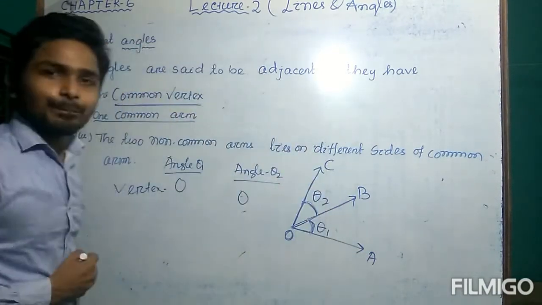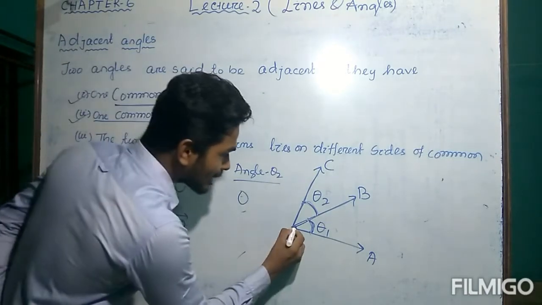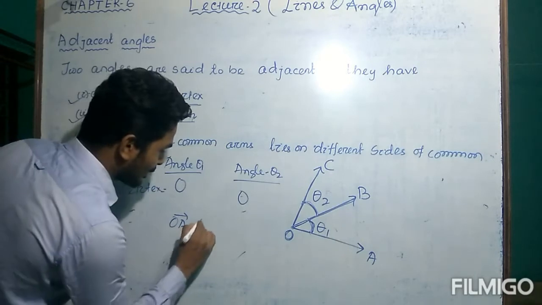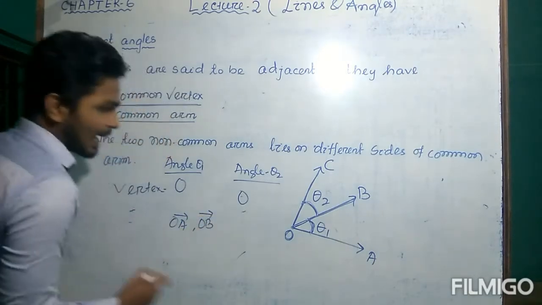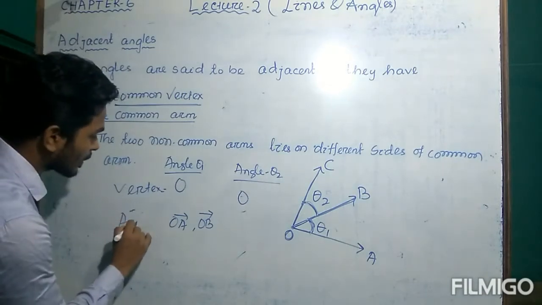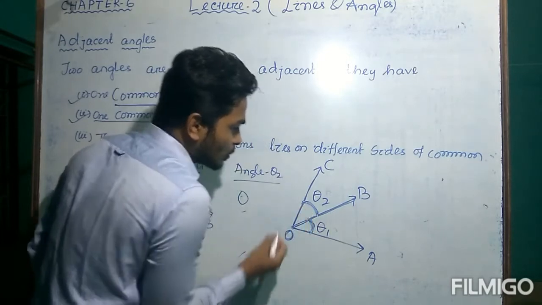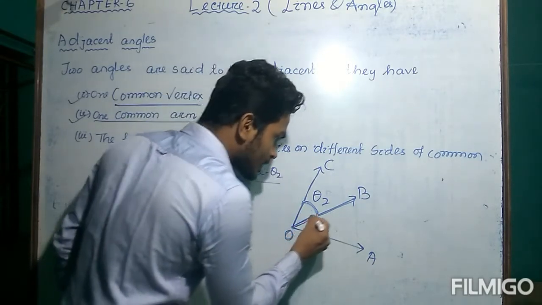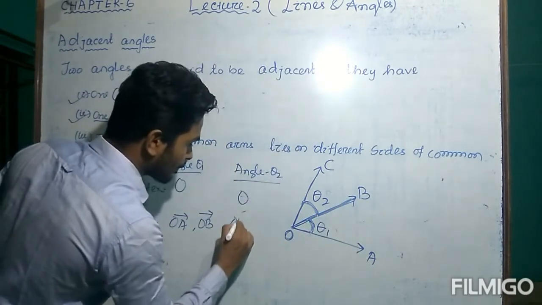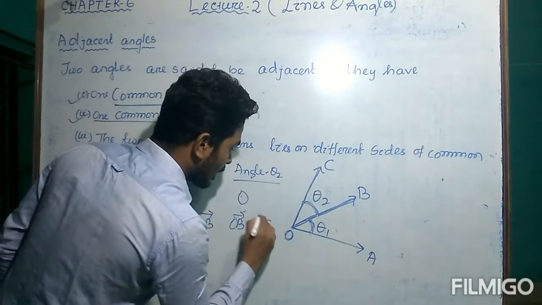One is OA, and the other arm is OB. So angle theta 1 has two arms, OA and OB. Similarly, angle theta 2 also has two arms, one is OB and the other is OC.